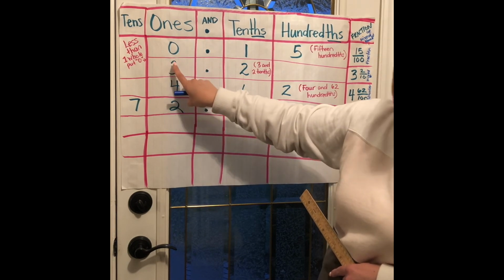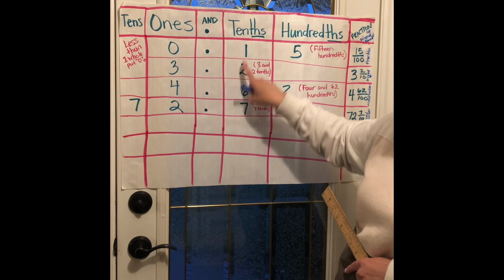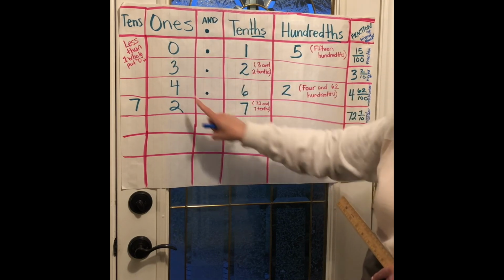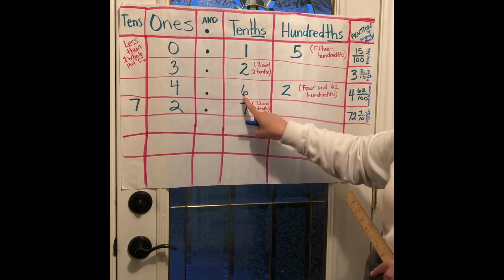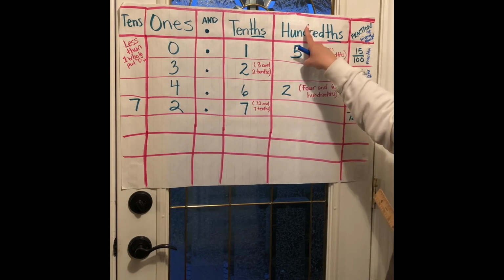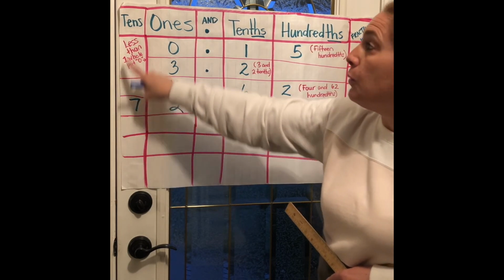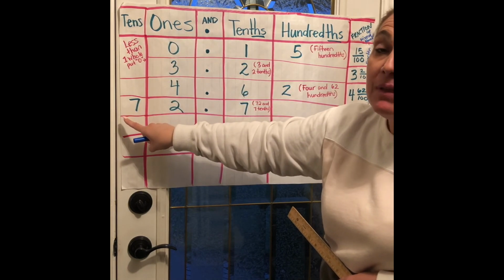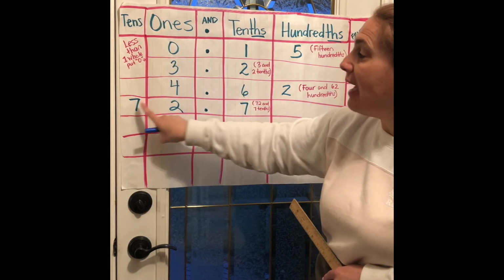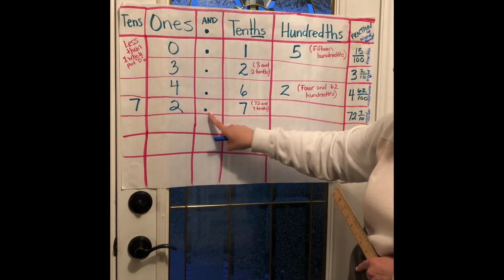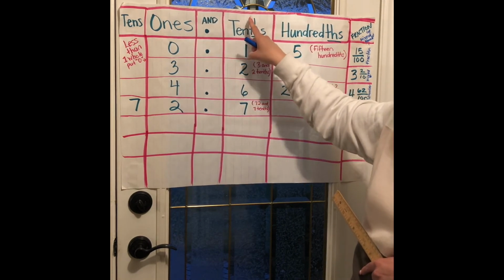So this is 3 and 2 tenths. 4 and 62 hundredths. In this group, we added a group of 10. So this is a bit of a longer one, but this is 72 and 7 tenths.